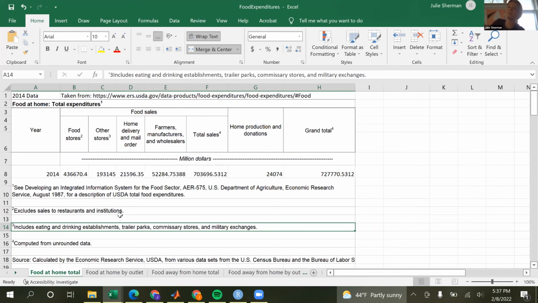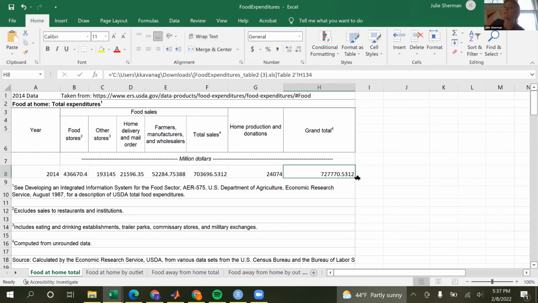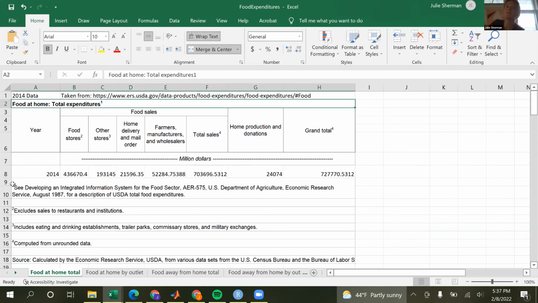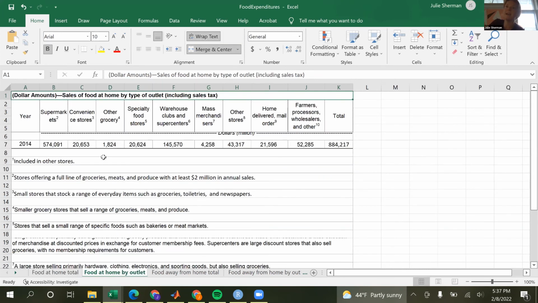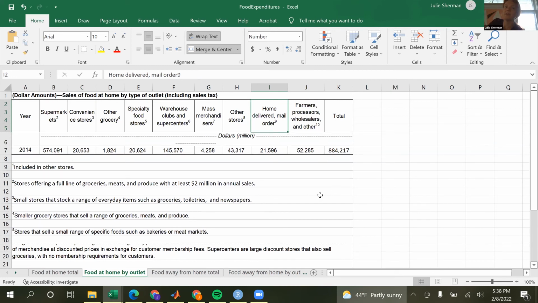So once again, we see exactly what was stated with maybe just a little bit more information. In a grand total, we get the total dollars spent for food at home. Food at home, total expenditures. We can then look by outlet in the second tab. This gets broken down into supermarkets, convenience stores, other stores, home delivery, and once again, a grand total.